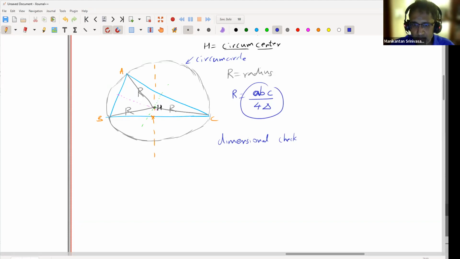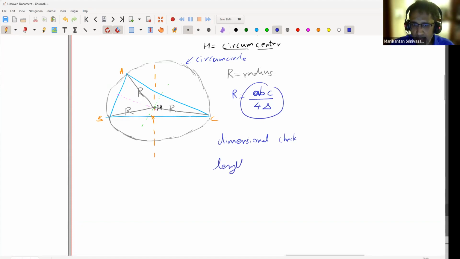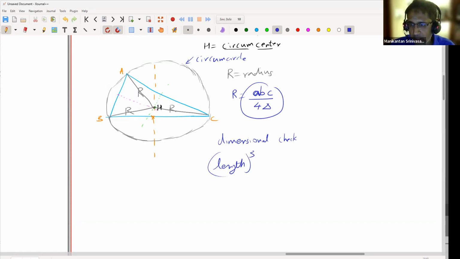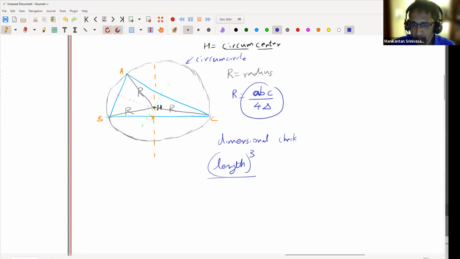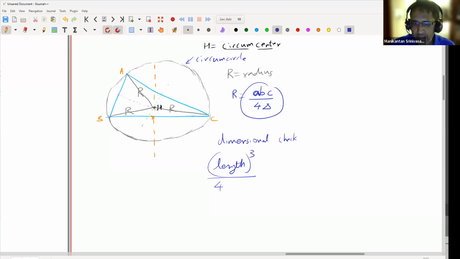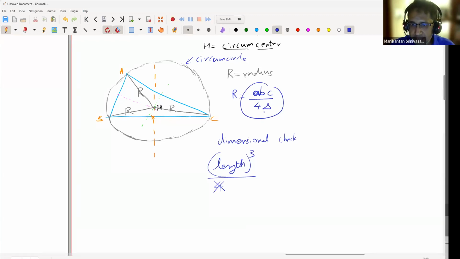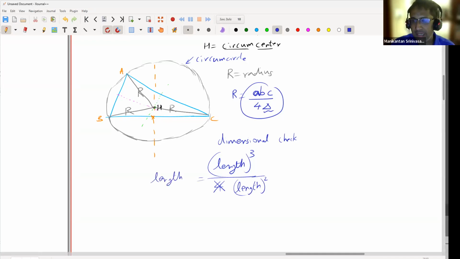Small a is a length, small b is a length, small c is a length. So we have length cube when you do the product of a, b, and c. And the denominator 4 is just a number, so it doesn't matter really. It does not have any units at all. Delta is an area. Area is length square, meter square, feet square, inch square, some length square. And length cube by length square is indeed a length, which means at least it's reasonable. It passes the dimensionality check.